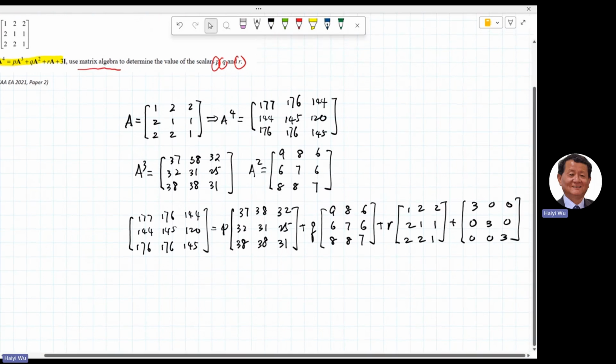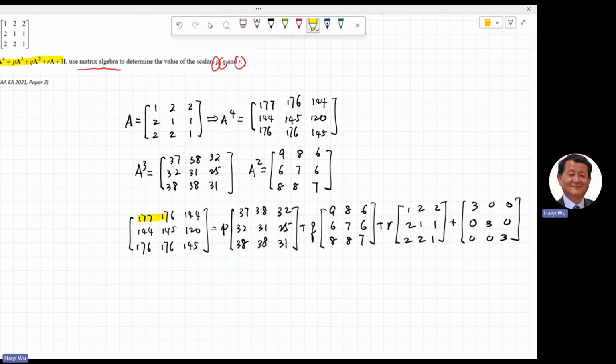Now we're going to compare row 1 of the left to row 1 of the right.